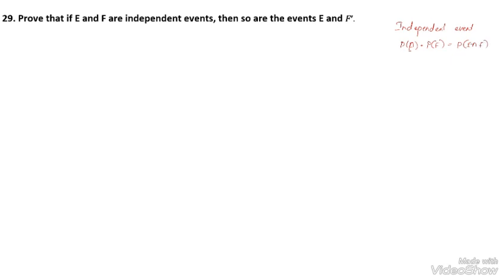Independent means the product of two probabilities is always equal to the probability of their intersection. Here I can solve.